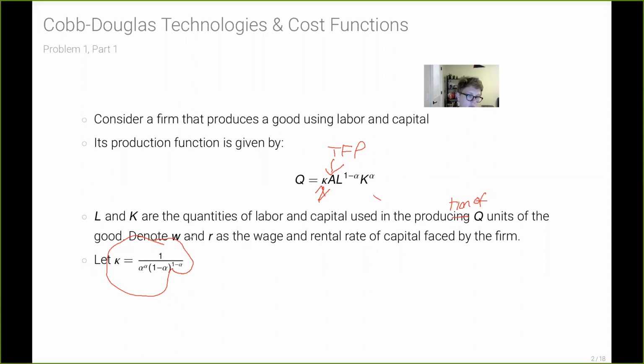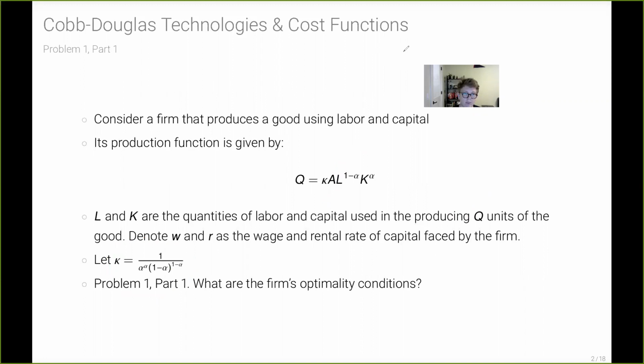And then we denote here W and R as the wage and rental rate of capital faced by the firm. So if I want to hire labor, I have to do so at the wage W, and if I want to hire capital, I have to do so at the rental rate R. Okay, so that's what we have so far.